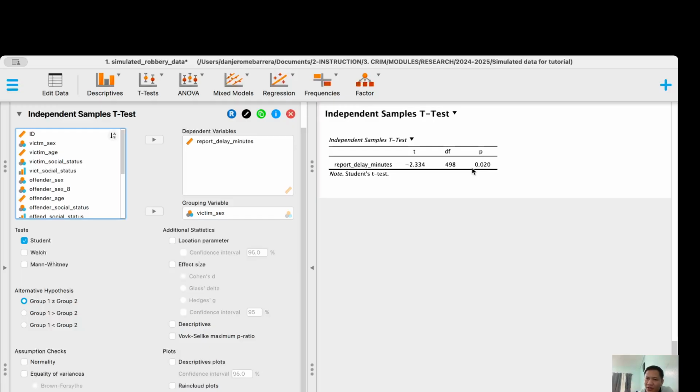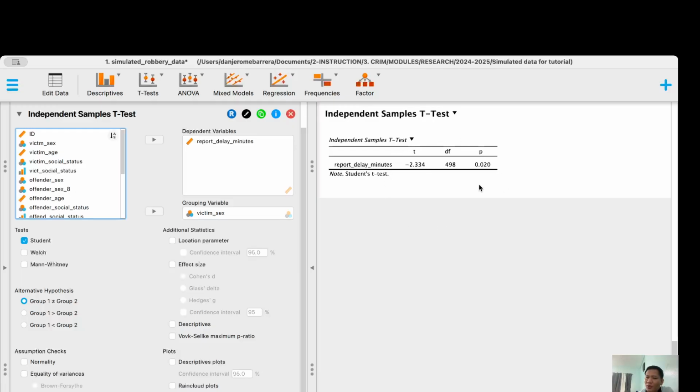So here we can say that there is an association between sex and reporting delays. Either male have higher reporting delays or lower. But we do not know yet which has higher average reporting delays, or lower reporting delays.